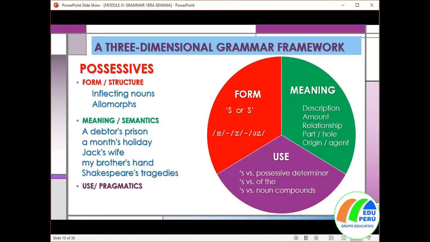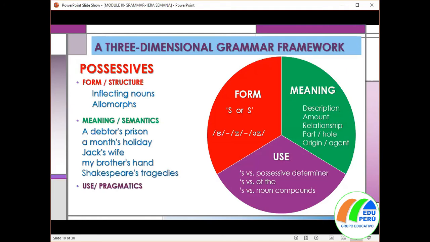For example, we know that the apostrophe s is just for possession, but now you know that it has other meanings too. And the other aspect is the use of pragmatics, as I told you. Here you're going to compare when to use this apostrophe s and when to use the possessive determiner, when to use the apostrophe s and when to use the of-the structure, and when to use the apostrophe s and the non-compounds, because here we get confused.